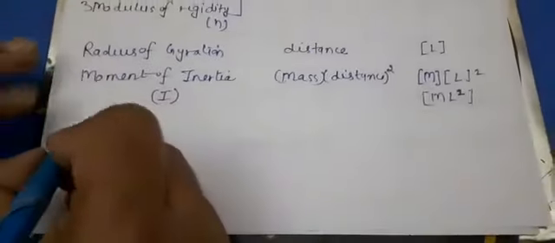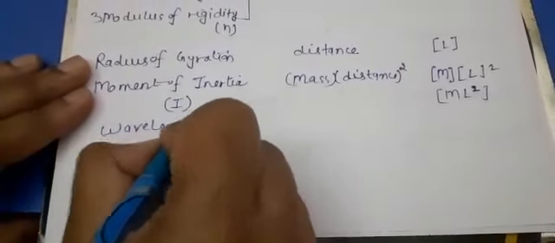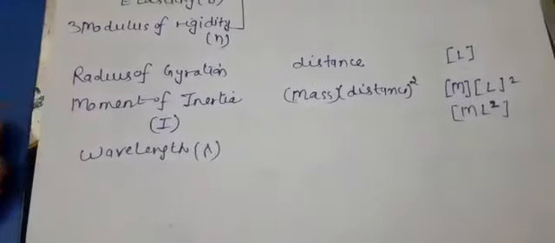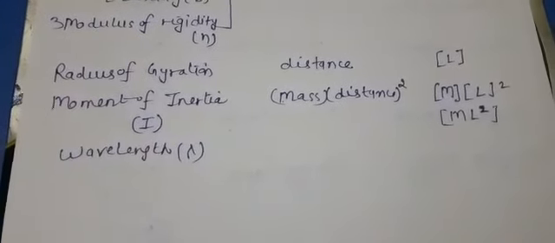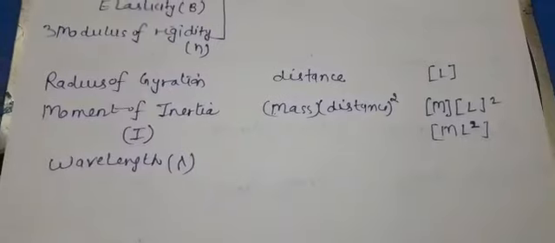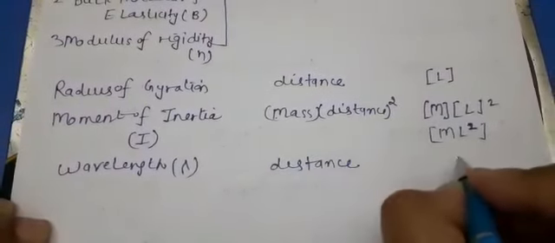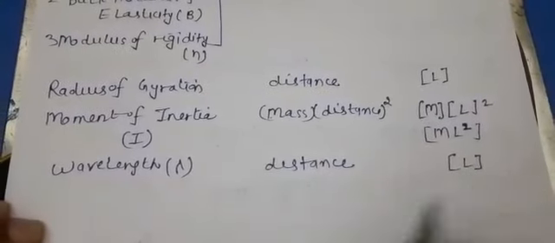Now wavelength. You have studied in 9th class, wavelength, length of a wave, distance between two crests and troughs, two compressions and rarefactions. What is it? Again a distance, again a length. So its dimension formula will be L.